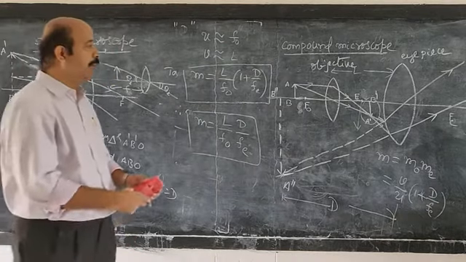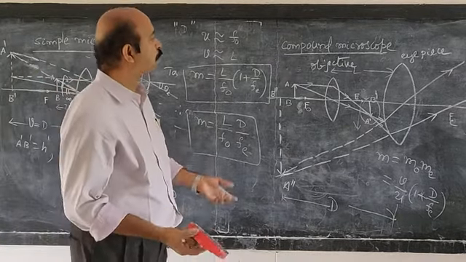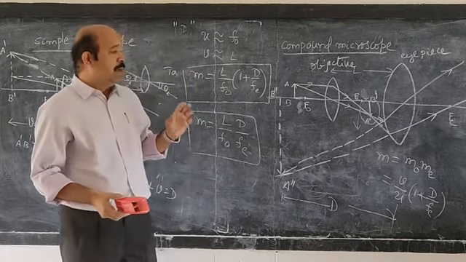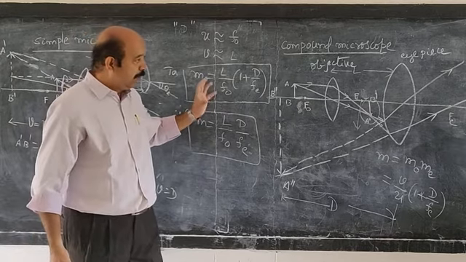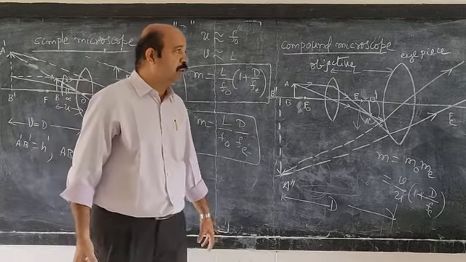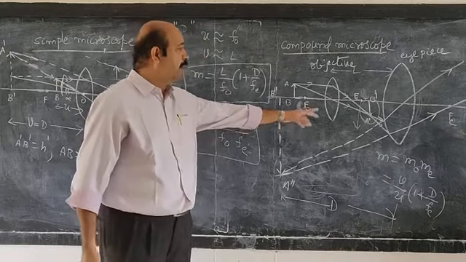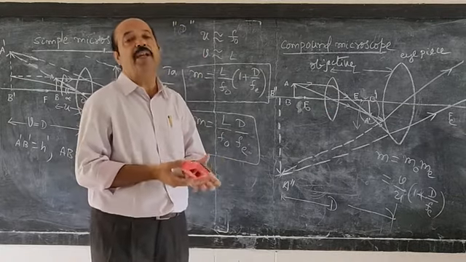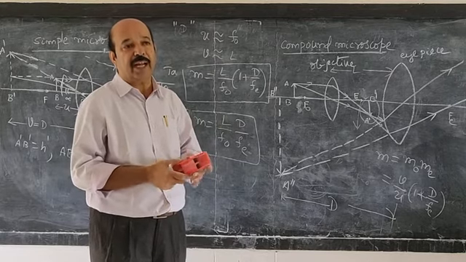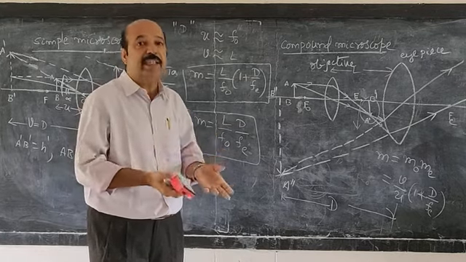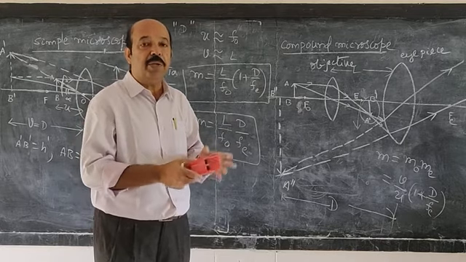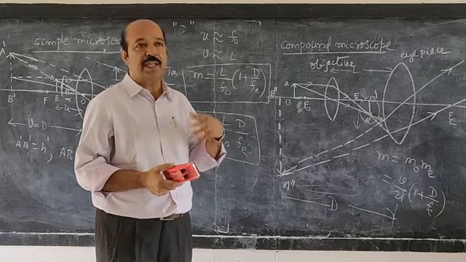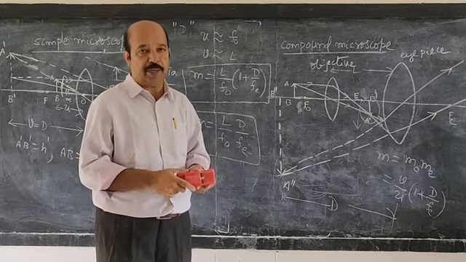Okay. So in that way we can understand the working of a compound microscope. But truly speaking, microscopes used in laboratories, instead of one single objective lens or one single eyepiece, use combinations of lenses to get more magnification, more clarity in the image, and to reduce the defects that arise due to chromatic aberrations and spherical aberrations.